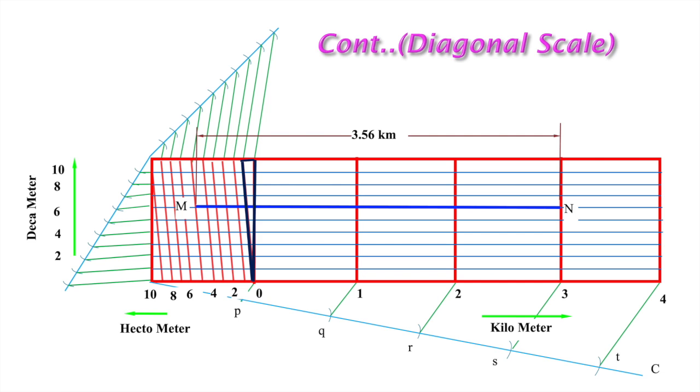Now this line starts with 0.5 kilometer and ends here at 0.6 kilometer. So 0.56 is in between this line. Now count 6 divisions. 1, 2, 3, 4, 5, 6.